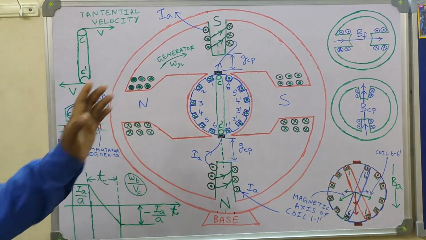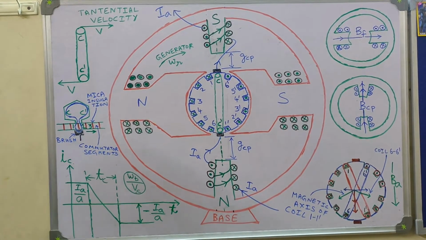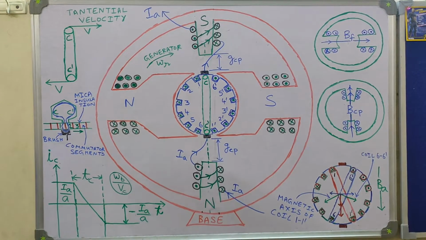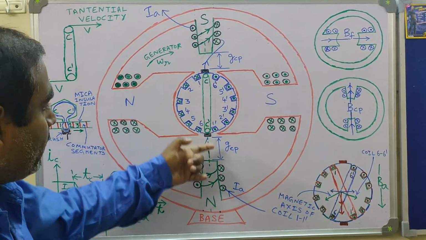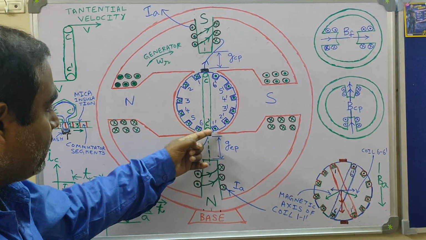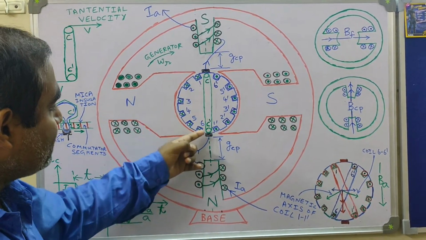Now once we have said this, let us first try to find out the induced EMF in the commutated coil CC dash. That means when coil 11 dash undergoes commutation, it will occupy the position indicated by coil CC dash.